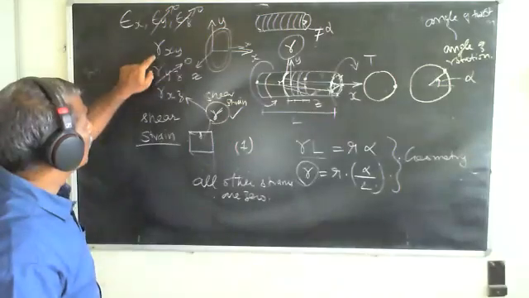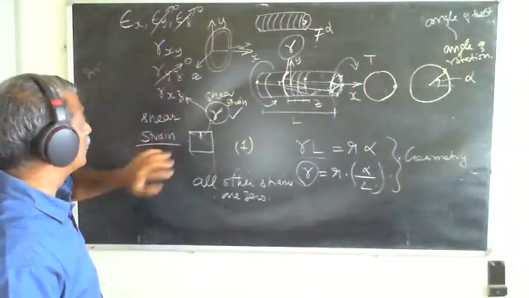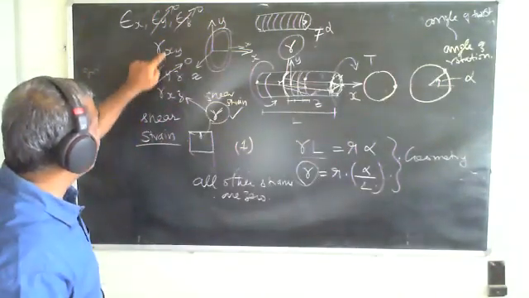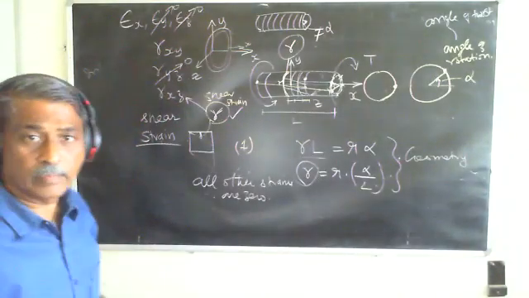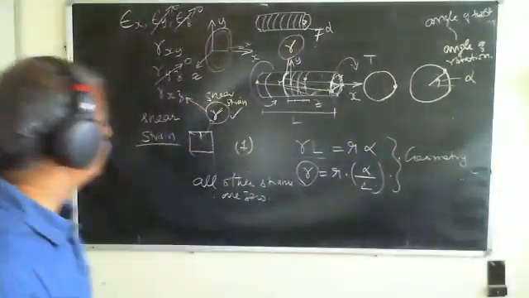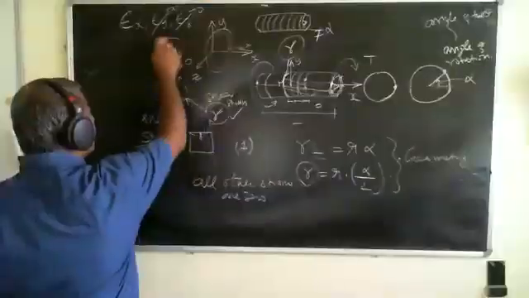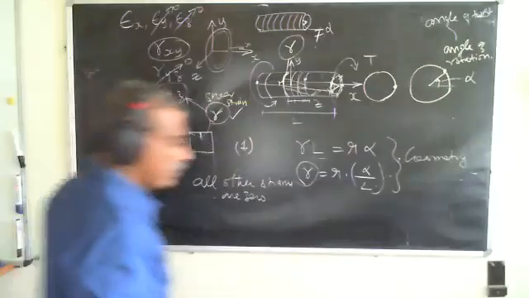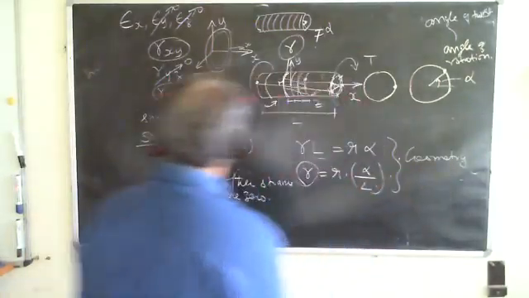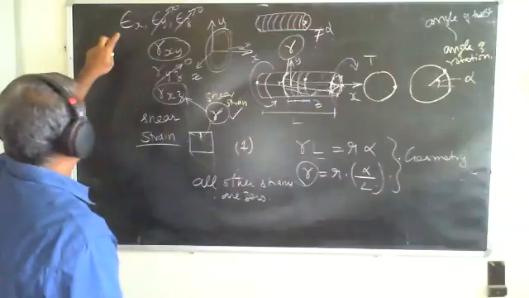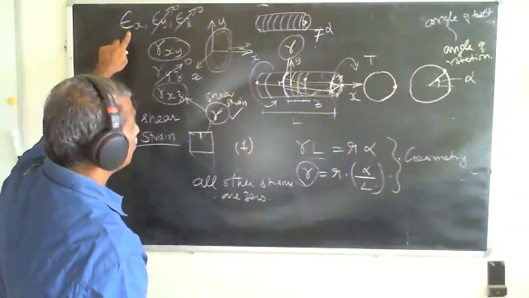We have only these two that appear, gamma xy and gamma xz. Both have x as common. There's only a possibility of gamma xz or gamma xy. We have now zeroed down to just these, and we also have epsilon x that we have to figure out.